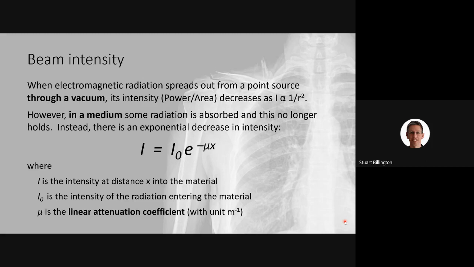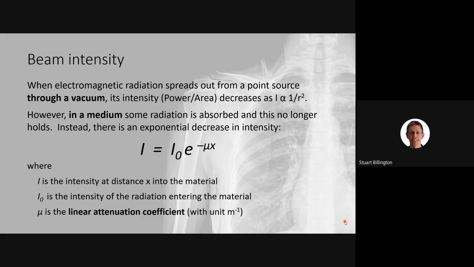And so for every millimeter that we pass into the human body, that e term is just going to reduce the I0 so that by the time it's come out of the back of, say, a 3 centimeter wide bone, then we'd have e to the minus mu times 0.03, and whatever that comes out at, that's going to make the intensity of the X-rays that entered the bone be smaller when it leaves the bone.